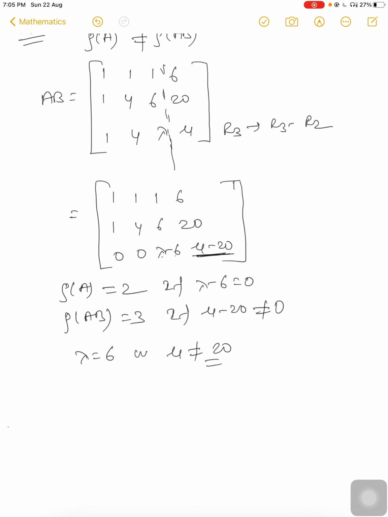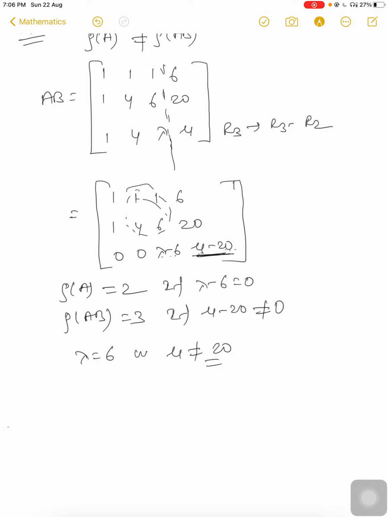Check it here: there is a 3 by 3 matrix. When lambda is equal to 6, the determinant of the 3 by 3 matrix will be 0, and the rank of the A matrix will be 2.